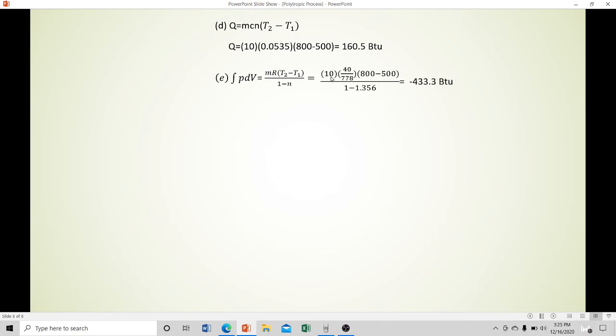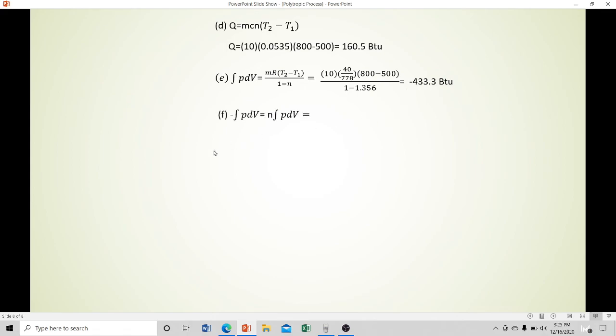So we have 10 and then your R 40 lb feet per lb Rankine, so by converting to BTU we have 778 over 800 minus 500 times 800 minus 500 over 1 minus n, or 1.356, is equals to negative 433.3 BTU.